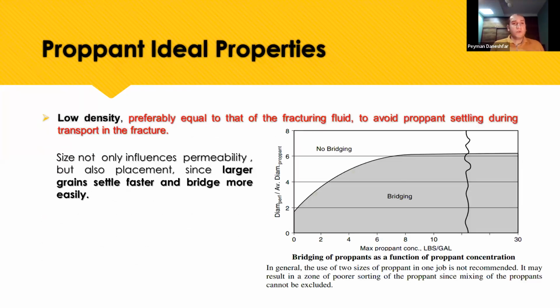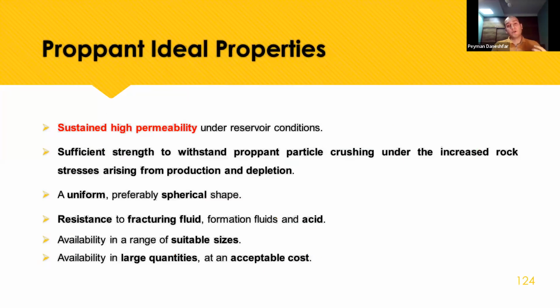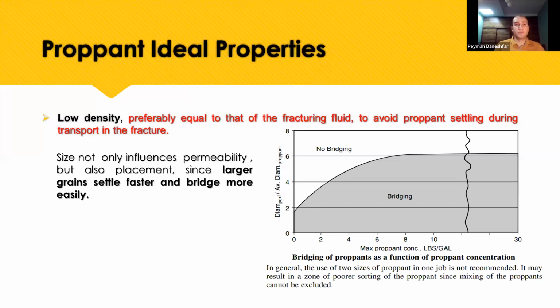Low density is another ideal property for the proppant, preferably equal to that of the fracture fluid, to avoid the proppant settling during transport in the fracture.